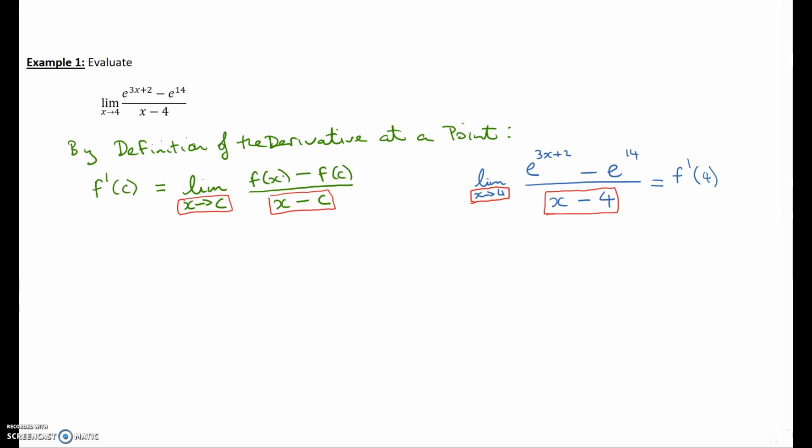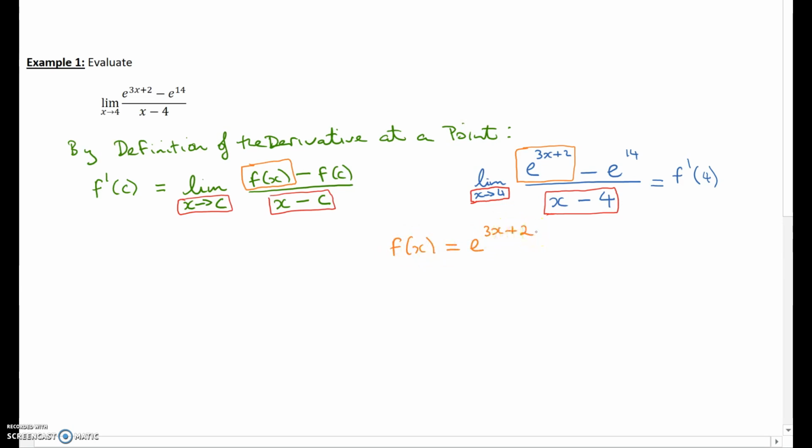Now, if we want to get the derivative, we want to know what our f of x is first. So the f of x, let's highlight that in orange, is the first term on the top. So f of x is equal to e to the 3x plus 2.